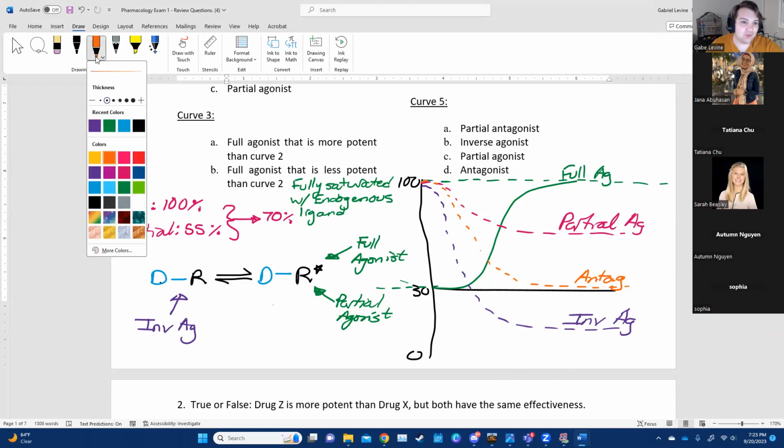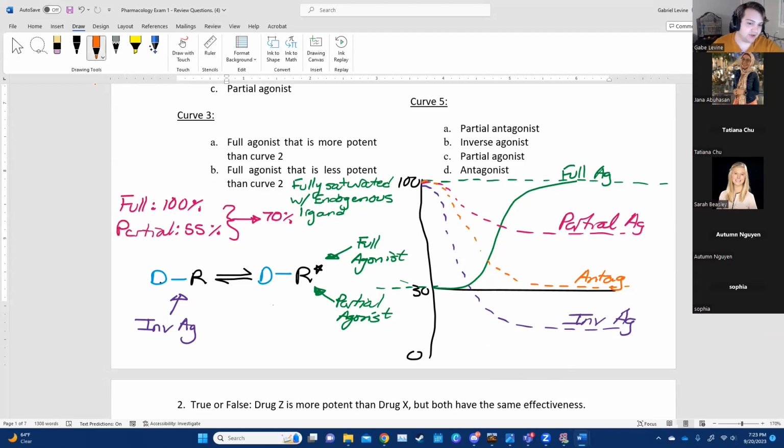And then finally, which side would an antagonist be going after? Are they going to go after the active, the inactive state? What do we think? None?